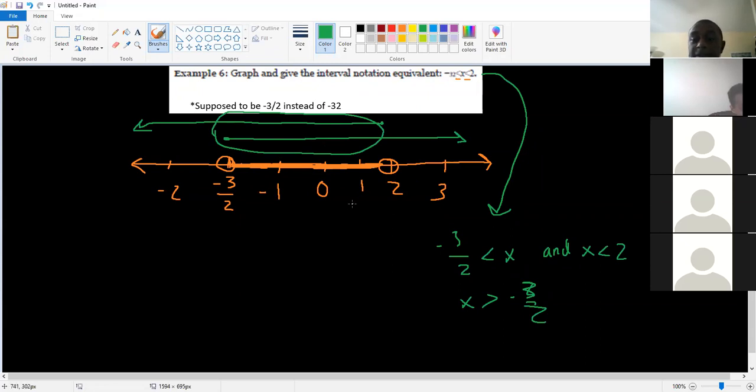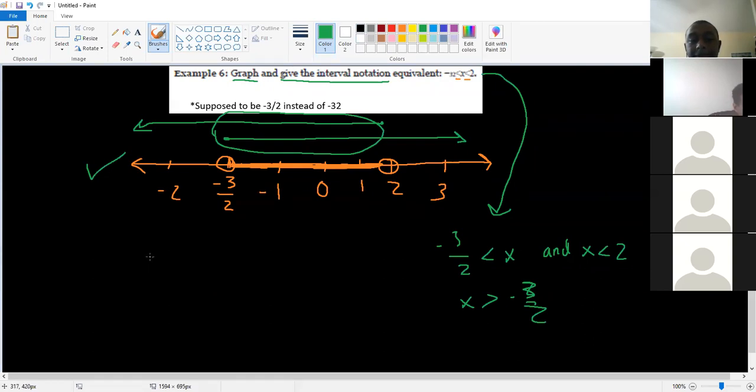Very good. So what'd you get for your interval notation? It also says give the interval notation. You graphed it correctly. This is done. But the interval notation? Did you have a parentheses or a bracket first?